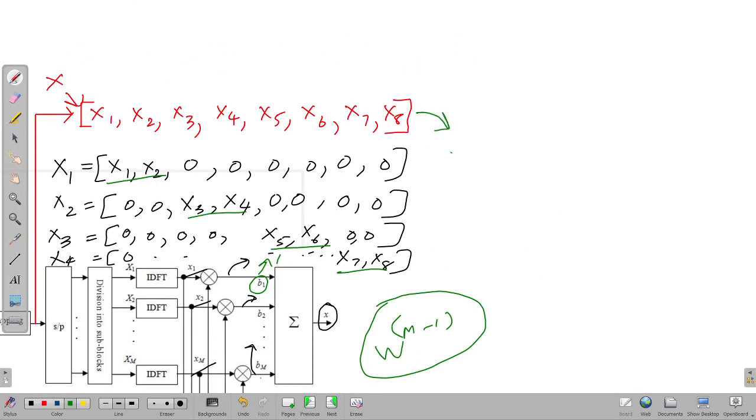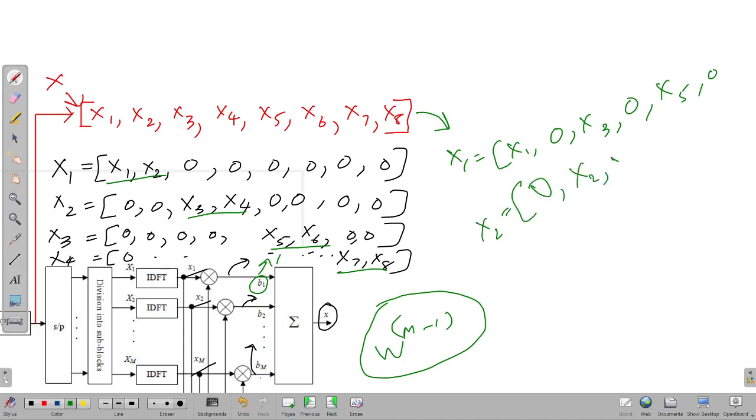It will look like x1, 0, x3, 0, x5, 0, and so on, and the other will be 0, x2, 0, x4. So basically an interleaving is happening here.